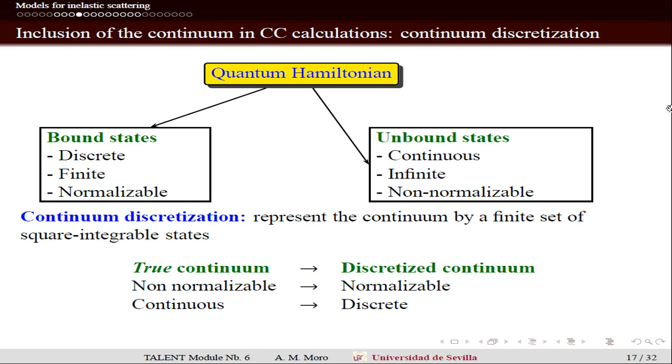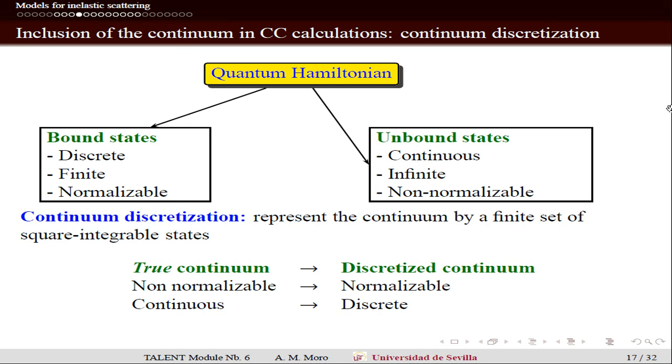We have a three-body problem, so one should use one of the available codes to calculate the states of the system. For continuous states, the problem is that we have a continuous spectrum, so an infinite number of states that, apart from that, cannot be normalized; they are not square integrable.